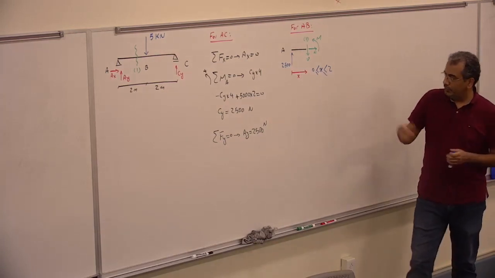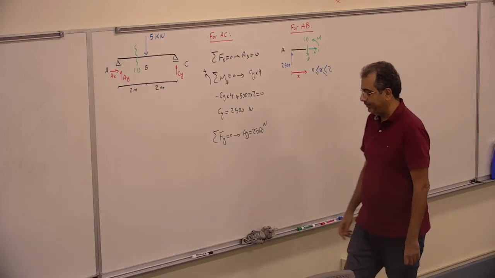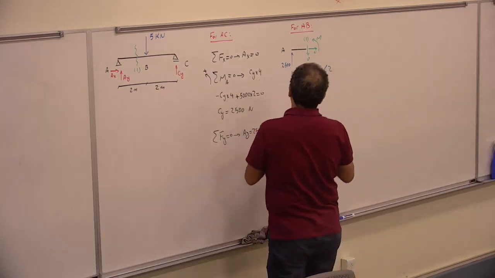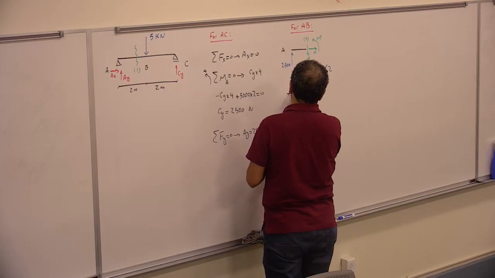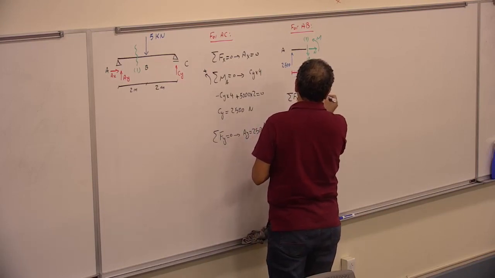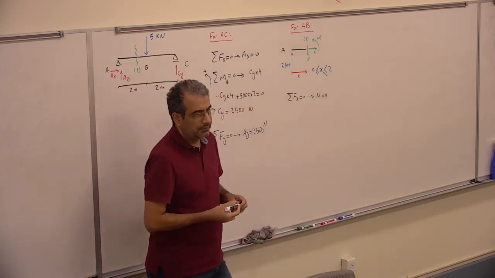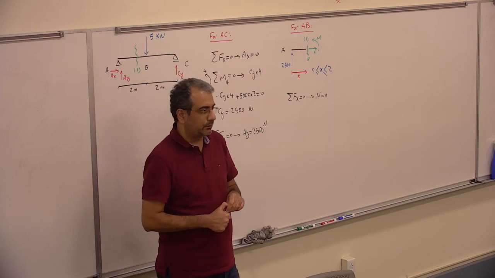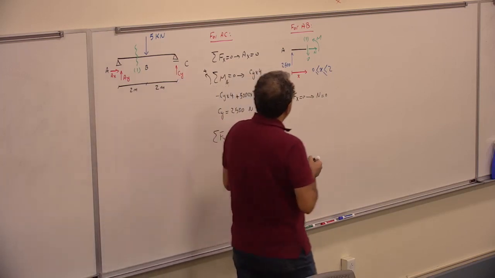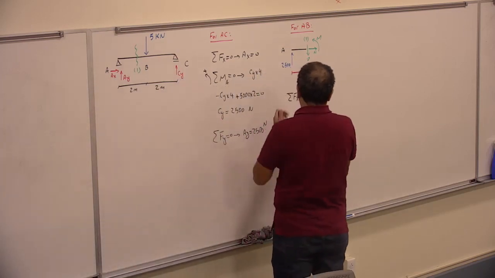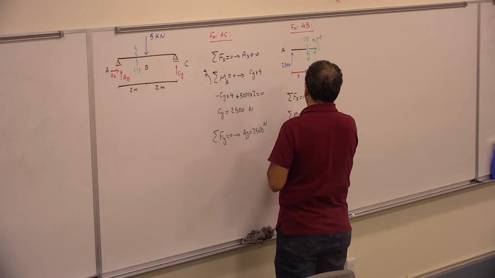So now I want to write the equation. Sigma of Fx is 0, it gives me that N is 0. Again, you are not interested in the N, but anyway, just look at it. Sigma Fy is 0.